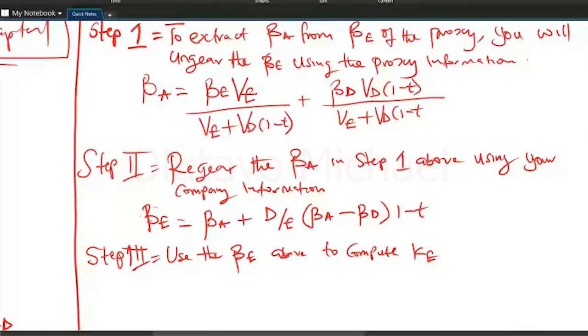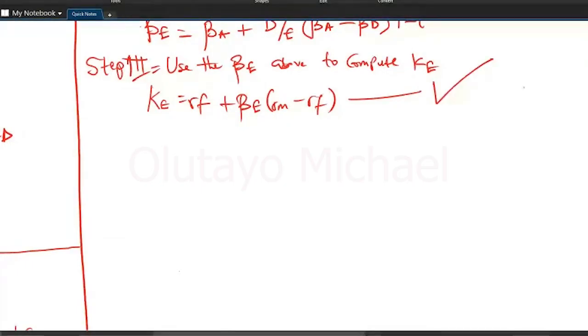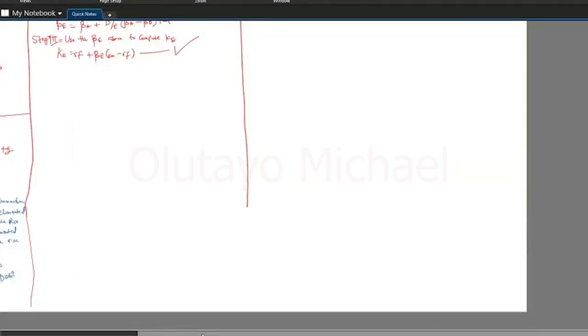And how would that go? That is cost of equity is risk-free plus beta of equity into bracket market return minus risk-free. Then we have completed calculating cost of equity using CAPM, which is this guy.